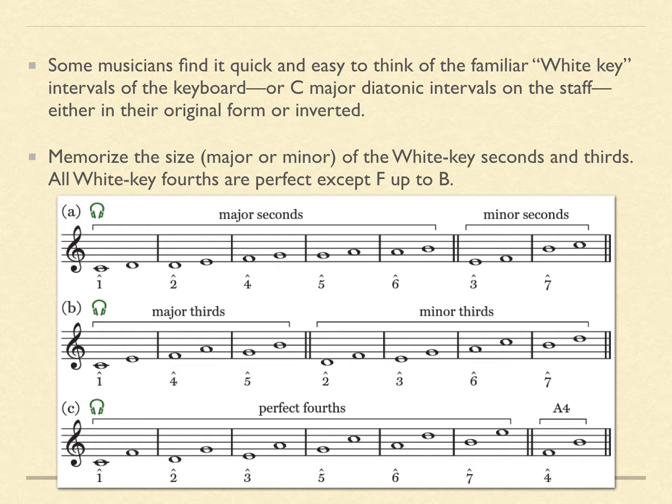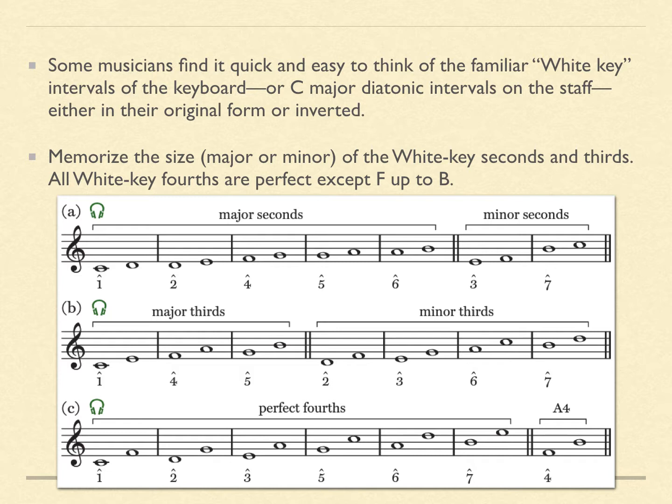So on the piano, any note to any other white key note within the octave is what you want to know. And really, if you think about it, you can take a shortcut and just memorize things up to half an octave because I can just invert it. And that's fine, that works.